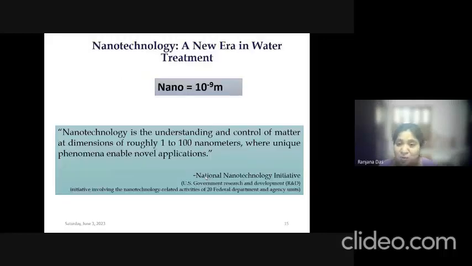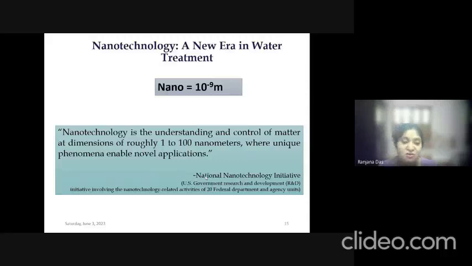Everybody probably knows, or has heard, the term nano. The definition is that nanotechnology deals with matter in the dimension of roughly 1 to 100 nanometers. Size is the main factor here.